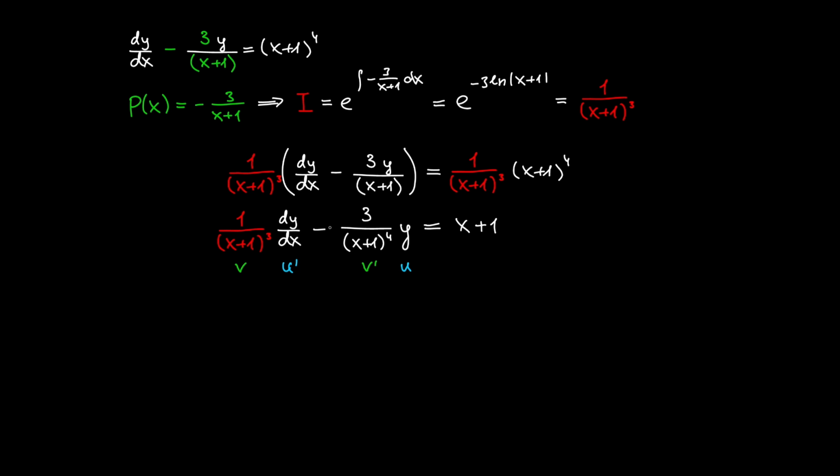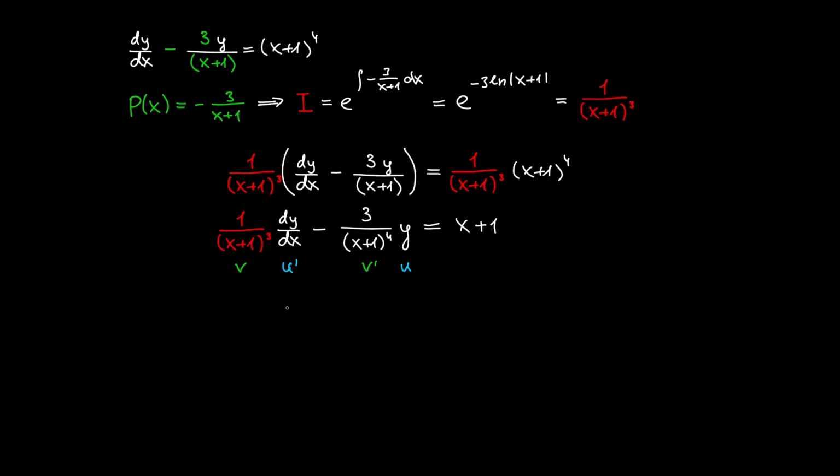Now you might say, well, the product rule has a plus sign. But please note, the v function is 1 over x plus 1 to the power of 3, which rewritten is x plus 1 to the power of negative 3, which means when we do the derivative of it, the negative goes into the front, and hence our product is going to become a negative 1.